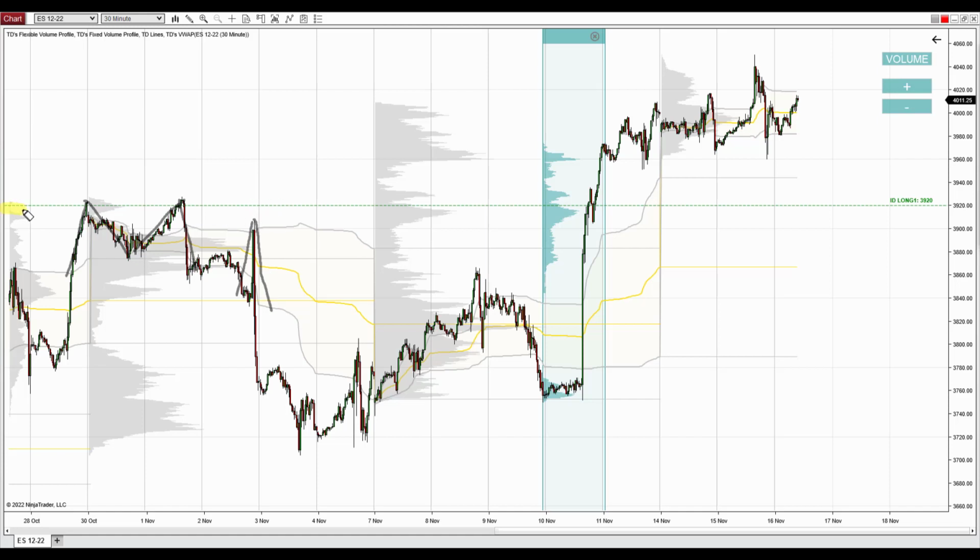So as you can see, in the past this zone worked as a strong resistance, because the price was bouncing on it. Now the price went past that resistance, which means the resistance turned into a support. That's what happens when a resistance is breached: the resistance becomes a support.